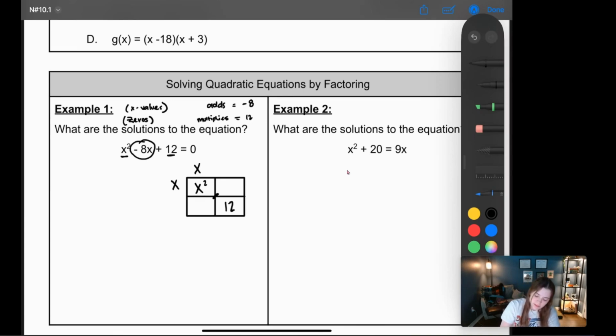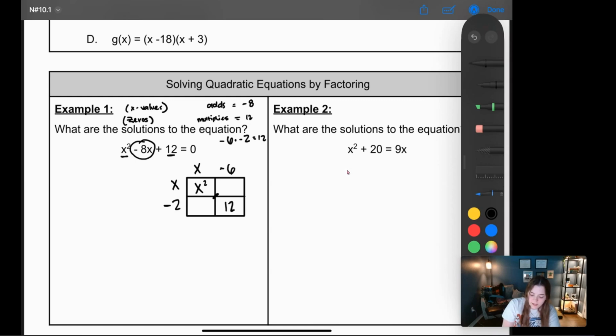What about 6 and 2? -6 and -2. Will -6 and -2 add to get -8? Definitely. But will it multiply to get 12? Yeah, it will. So -6 and -2 work. -6 and -2. And then I keep filling out my box.